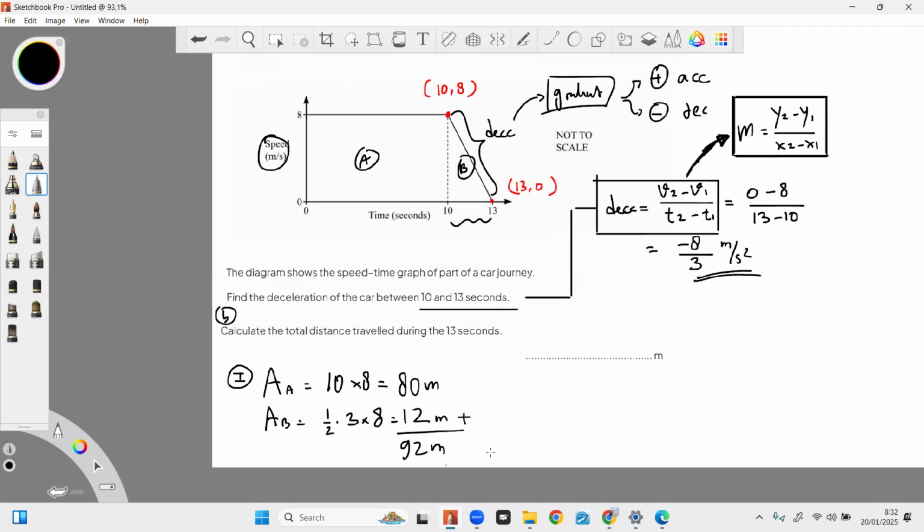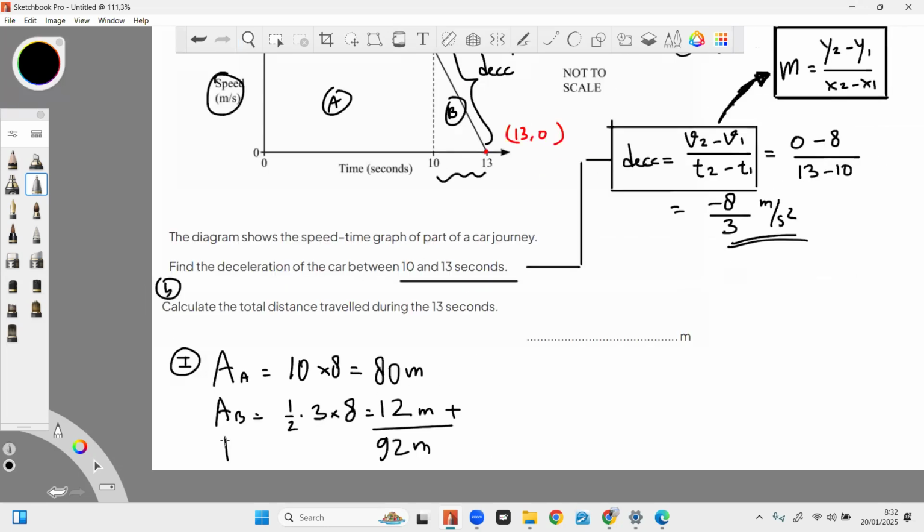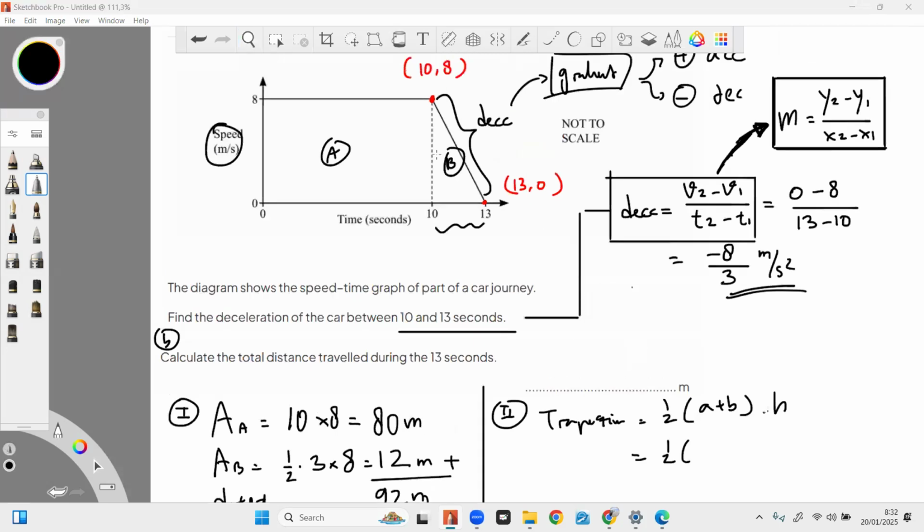Now, about the total distance with the other formula, we use the trapezium. The trapezium formula is half times A plus B, times height, where A and B are the two parallel sides. So half, A is 10, B is 13, 10 plus 13 times by 8.